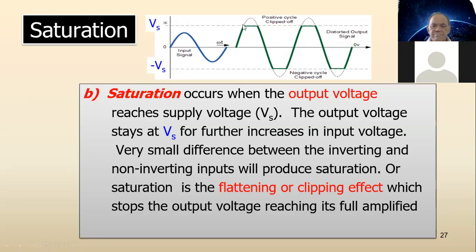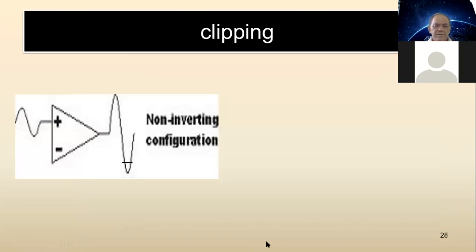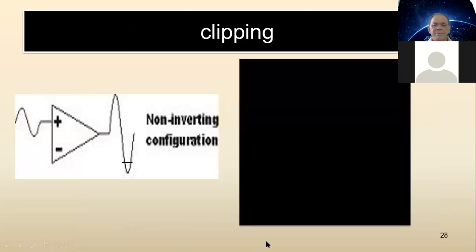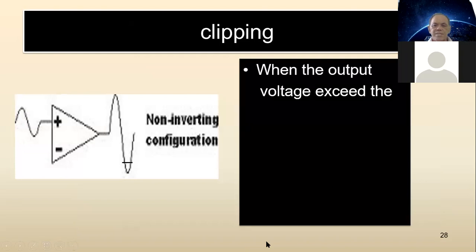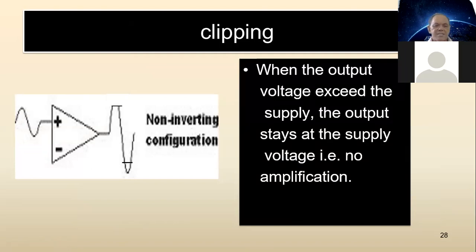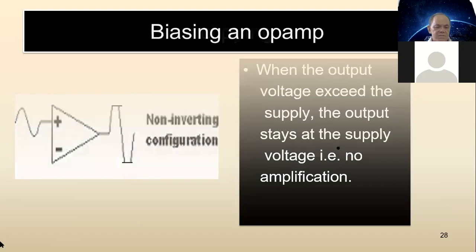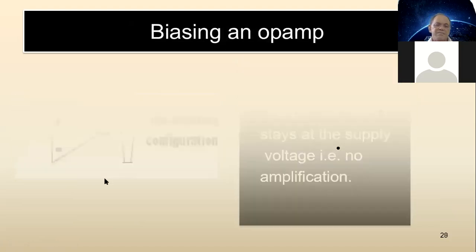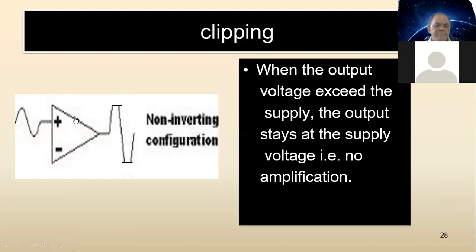You cut it off. That's what saturation is all about. And in this case, that's what it means by clipping. When the output voltage exceeds the supply, the output voltage stays at the supply voltage, no amplification. Then it just cuts it off. This part of it may be amplified, but the part that is cut off is not. So the waveform is completely different from what you put in.